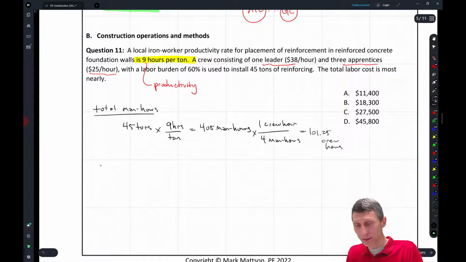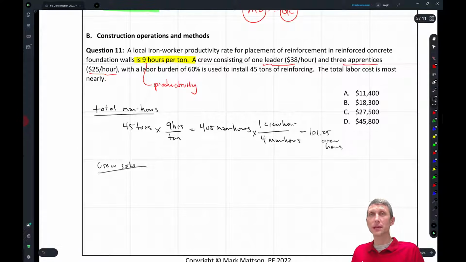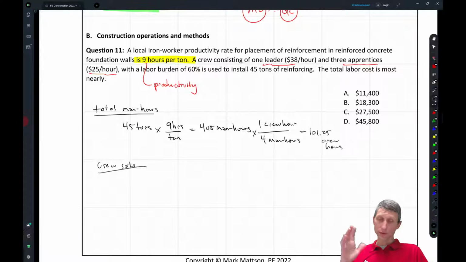And now what we need is a crew rate. Sometimes you'll go to references that'll just give you the crew rate, saying I've got one superintendent and 3 apprentices or 3 laborers or whatever they get called, and sometimes you'll have to figure it out. I set this problem up so you have to figure it out, right? So what do we get?